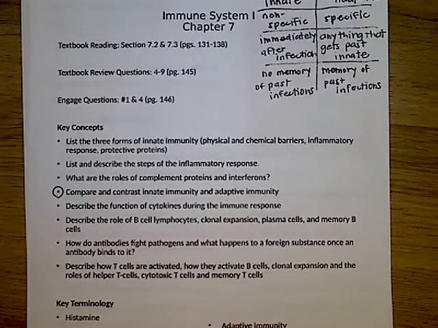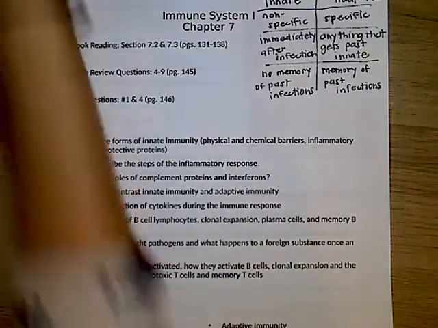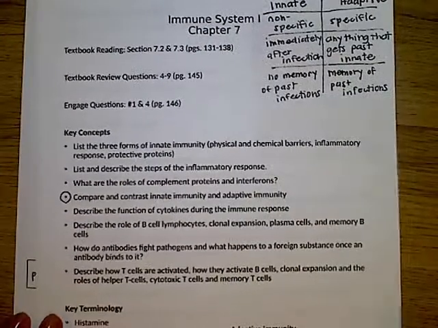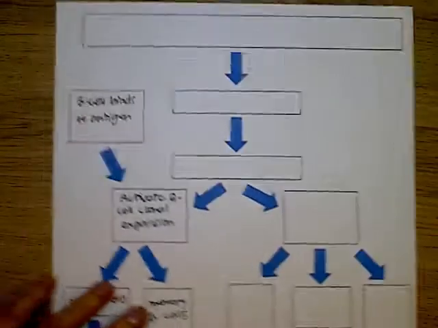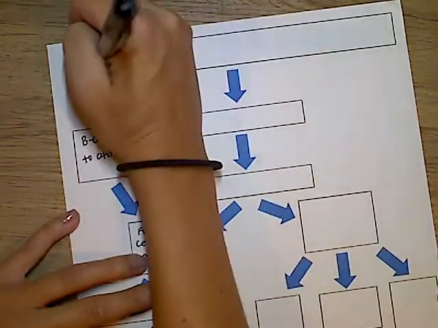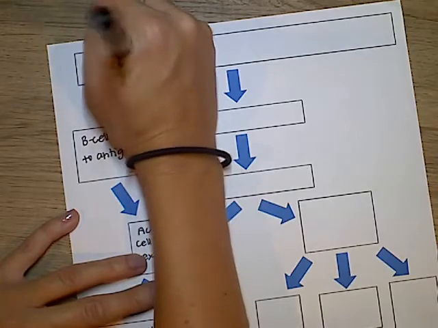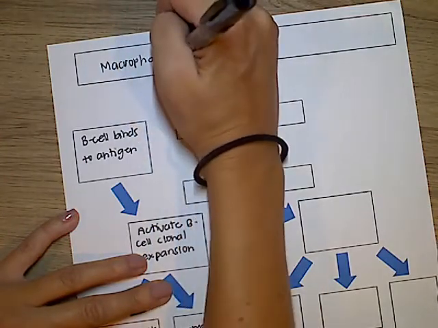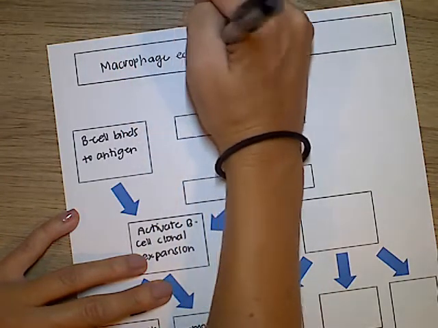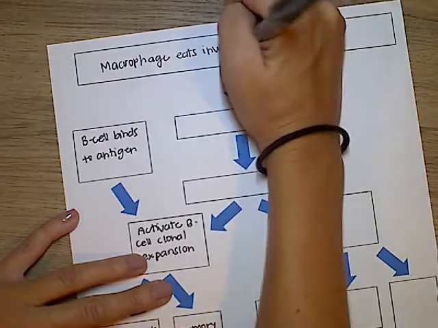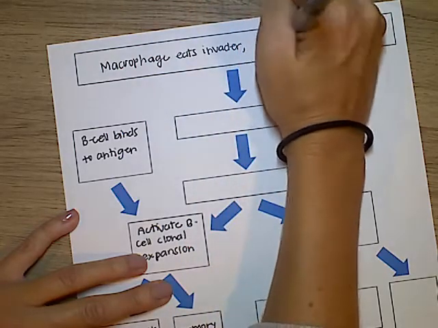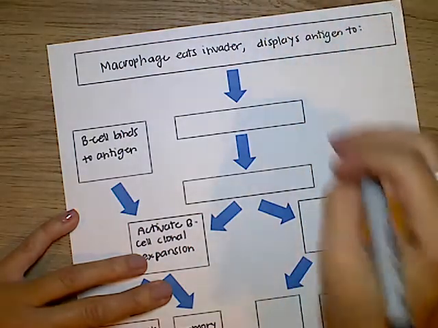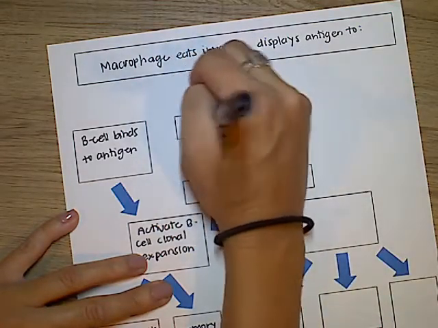So let's finish with our chart here. All right. So with T cell, you have that macrophage that eats the invader. He gobbles them up and displays that antigen to Sir helper T cell.